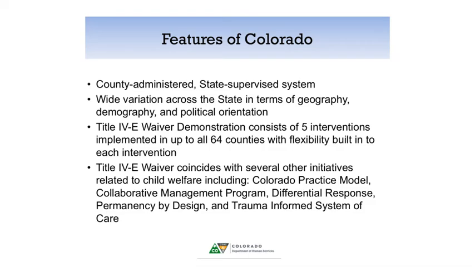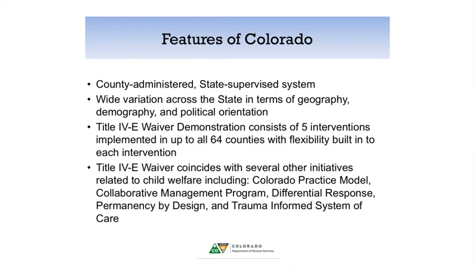What works well for one county might not work well for the next county. And so we have a great deal of flexibility built into our 4E waiver for exactly that same reason. What works in a very large but small population rural county is going to look very different from what works in Denver County or Fort Collins up in Larimer County. So that's kind of where Colorado is at.